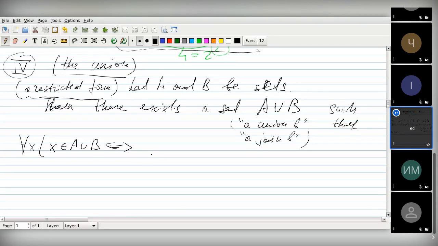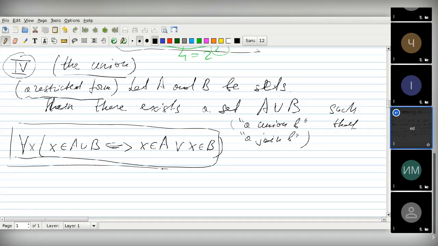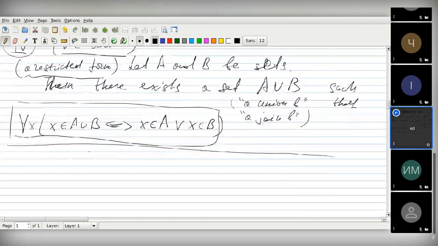X is an element of A or x is an element of B. That's it, exactly.